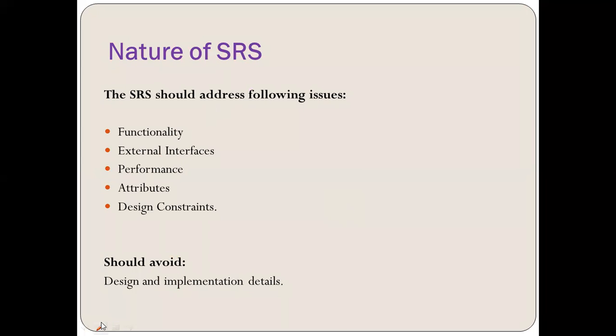Now comes the nature of SRS. Nature of SRS means what should SRS address? SRS should address all the functionalities, the external interfaces, the performance attributes, and the design constraints. But the SRS should not include the details of design and implementation, because SRS is kind of a contract between the user, that is the customer, and the contractor.